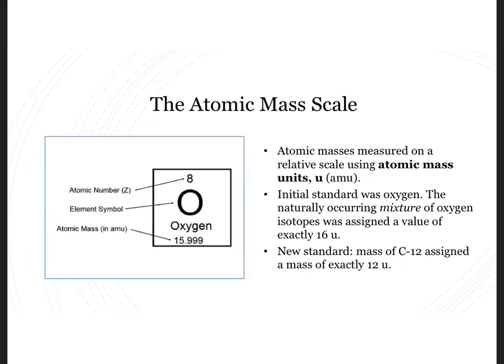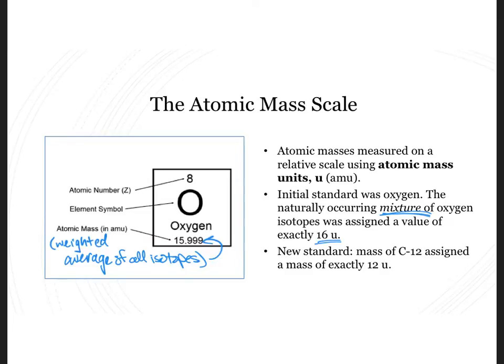Let's begin. Because atomic masses are so small, they are measured on a relative scale with one isotope assigned a value and all others measured relative to that isotope. Initially, the standard was set as oxygen, with the naturally occurring mixture of oxygen isotopes assigned a value of exactly 16 atomic mass units, u, sometimes abbreviated amu.